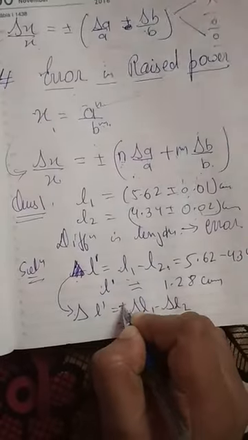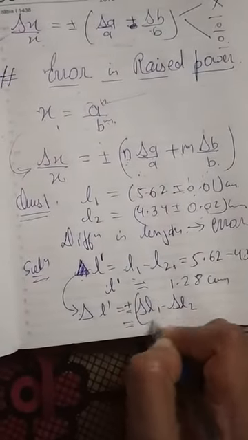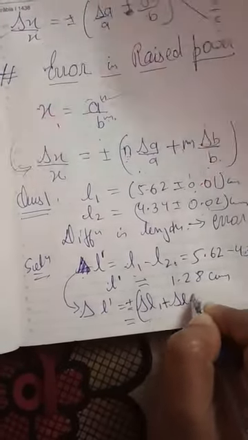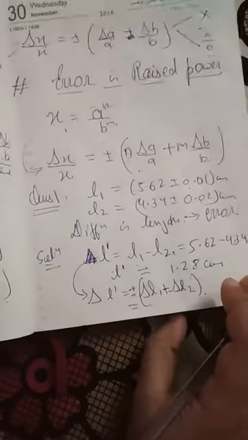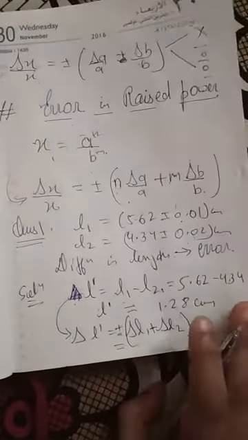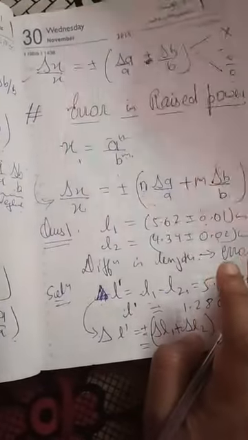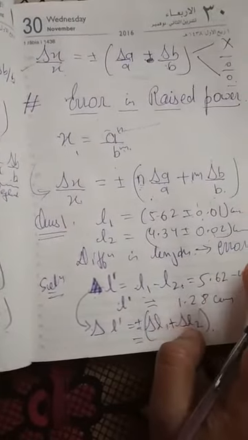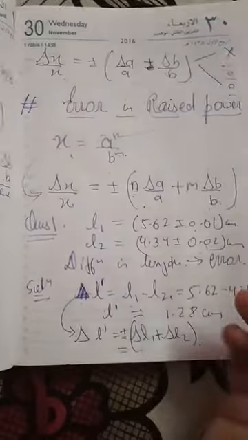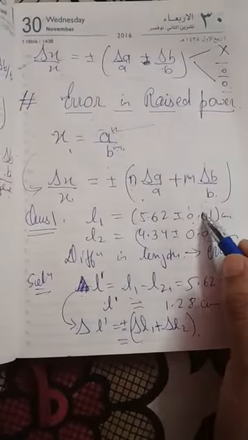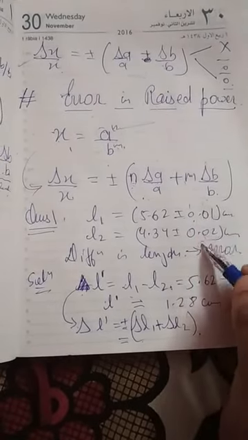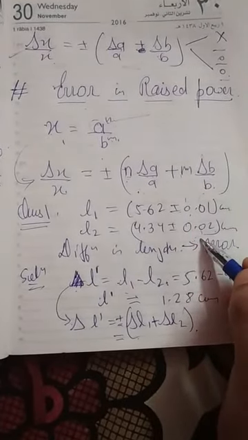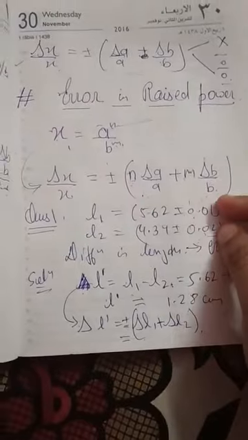So that maximum possible error will be plus minus delta L1 plus delta L2. Do check my video, definitely you will get more and more numericals on that also. Right now I'm telling you very shortly, so don't think that for a difference the error must be a difference of errors; you have to find the maximum possible error.